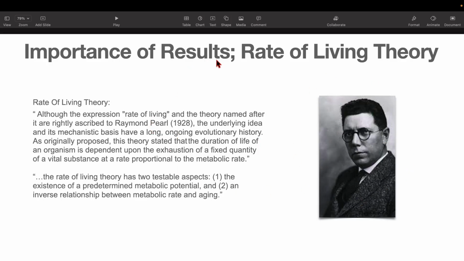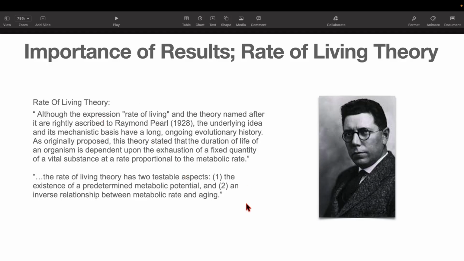You see him here on the right in the 1920s, and it was called the rate of living theory. Essentially, this theory proposed that the faster the metabolic rate of an organism, the more it used up a vital substance that it had. And when it used up all of the vital substance, the organism died.